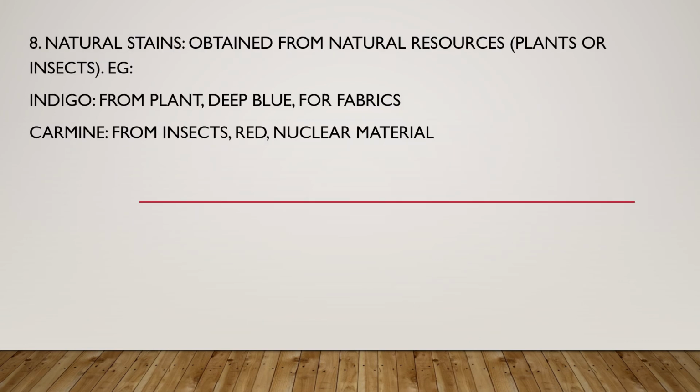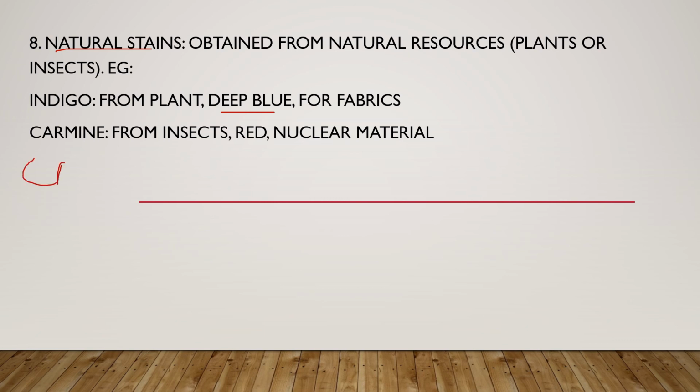Last but not the least, we have natural stains which are obtained from natural resources like plants or insects. Now indigo is an example of natural stain which is obtained from plant, and it is deep blue in color, and it is used generally to stain fabrics. Carmine, the spelling is wrong over here.